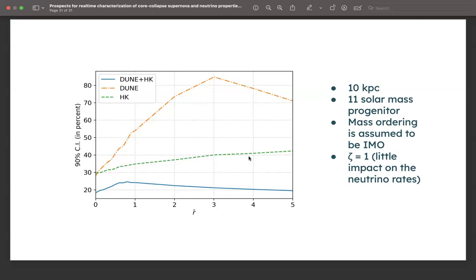I expect that DUNE would have a substantial difference at 200 parsecs and 30 kiloparsecs compared to the galactic center, whereas Hyper-K is really sensitive throughout the galaxy. If you were to put the progenitor at the location of Betelgeuse, how would these change, given that DUNE would do so much better there compared to the edge of the galaxy?